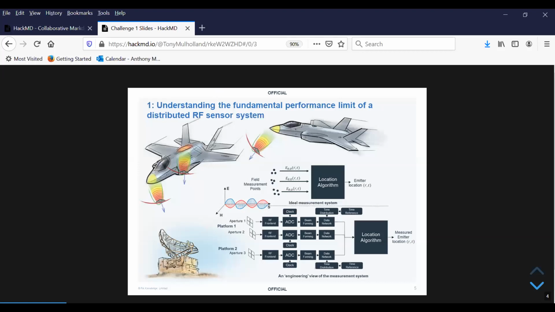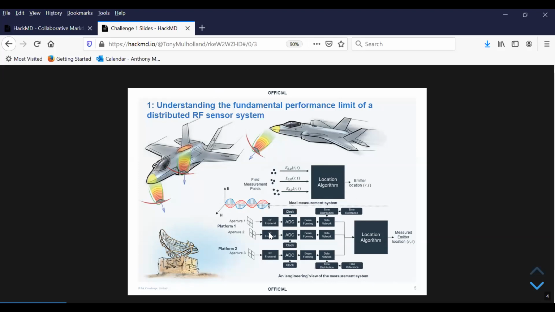This was the picture we saw at the start of the week. There is a sensor that is transmitting, that we're trying to detect, and we could have all sorts of sensors measuring that and trying to locate it.